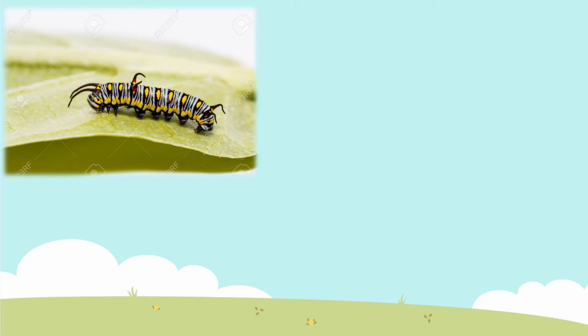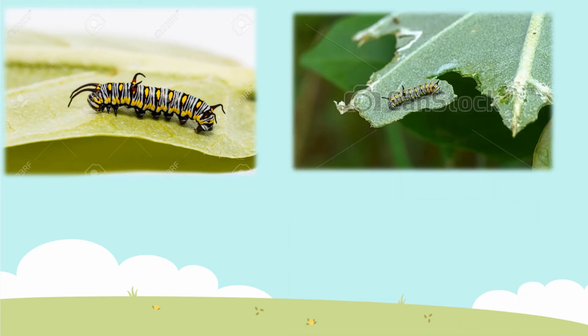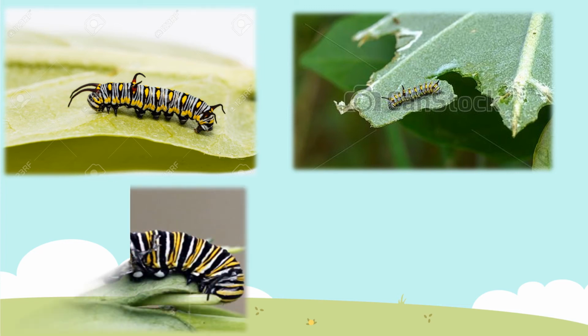When the caterpillar comes out of the egg, it is extremely hungry. It starts eating up the leaf it was born on, and thus it grows very fast. For the first 2 or 3 days, the larva of a butterfly grows so big that it does not fit inside its skin.